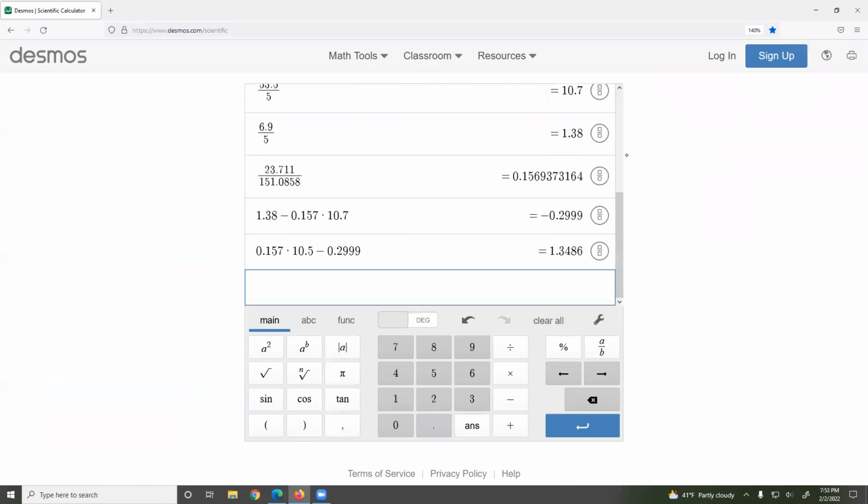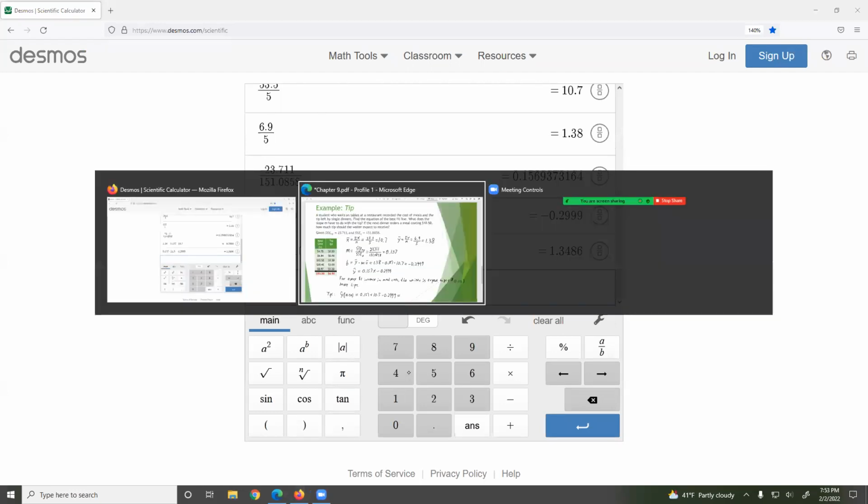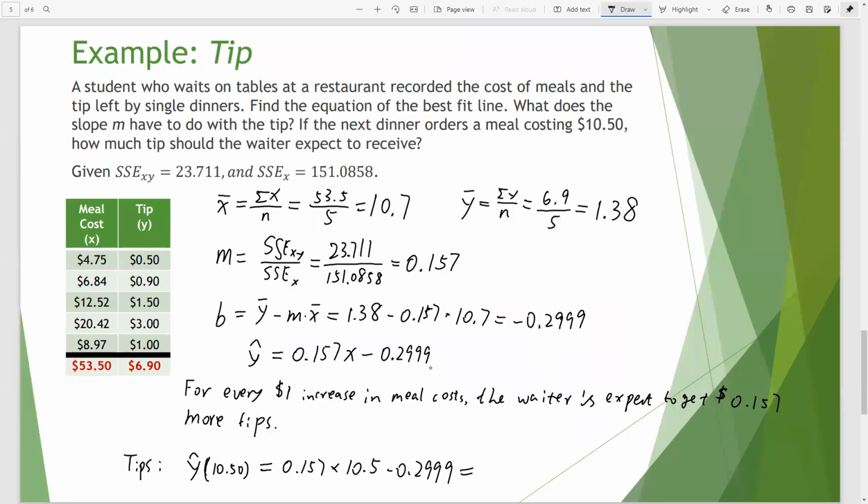That is 1.3486, so round it to 1.35, since it's an amount of dollars, like what we have in chapter 4.